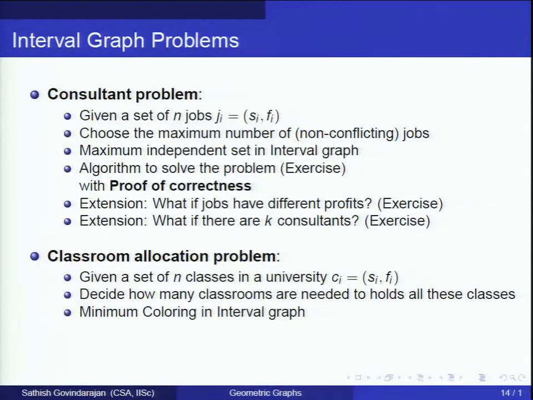Or in other words, in the interval graph notation, if I can use the depth number of colors to color this interval graph, then I have solved my problem. Why? Because I cannot find a fewer number of classrooms.